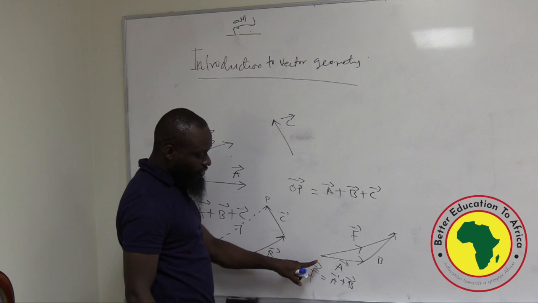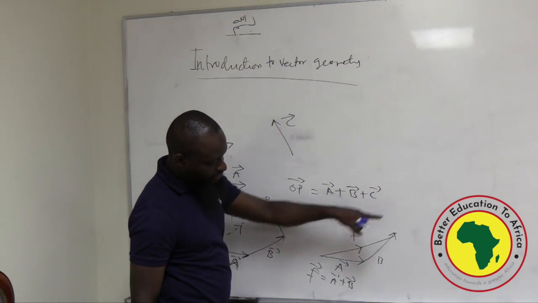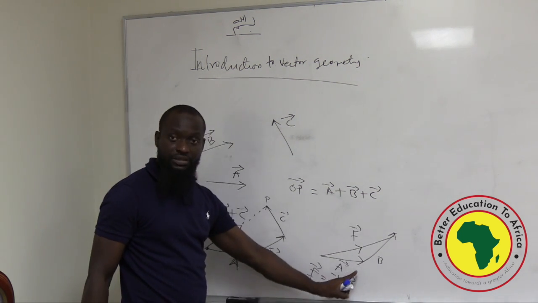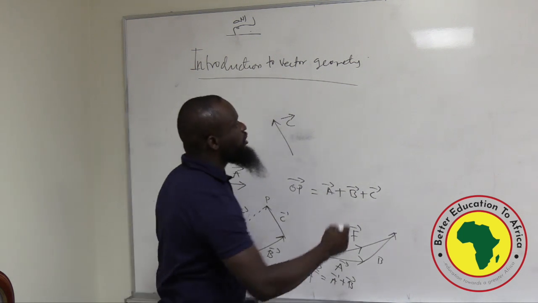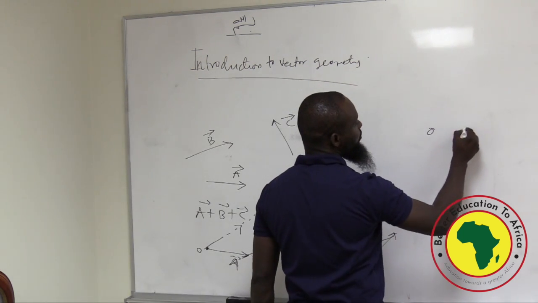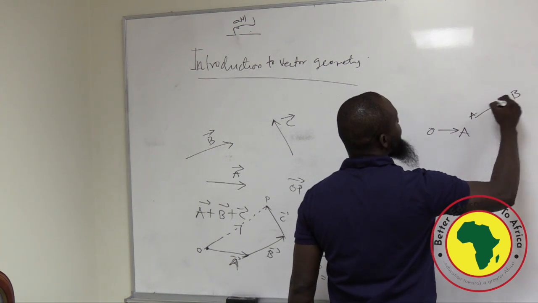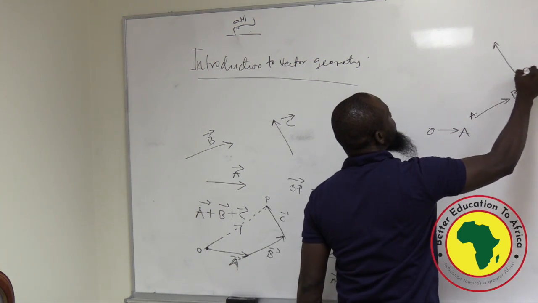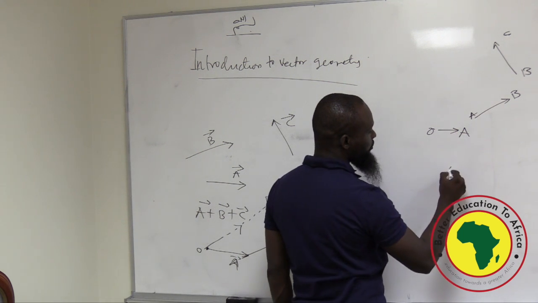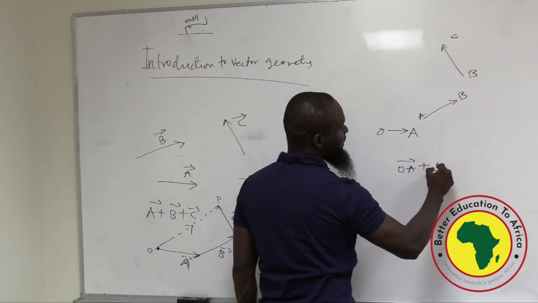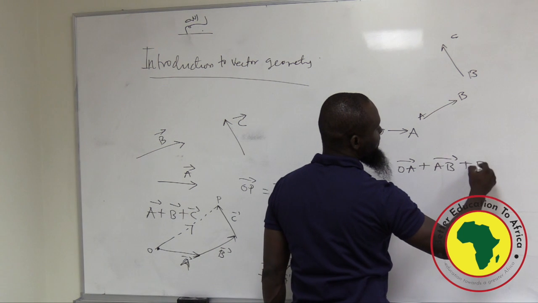So the net force always starts from the tail of the beginning to the head of the last, so long as you arrange them head to tail. If we use symbols, it's more like that. If I say this vector OA, and this vector, say, AB, and this vector, say, BC. So I'll say, what is OA plus AB plus BC?